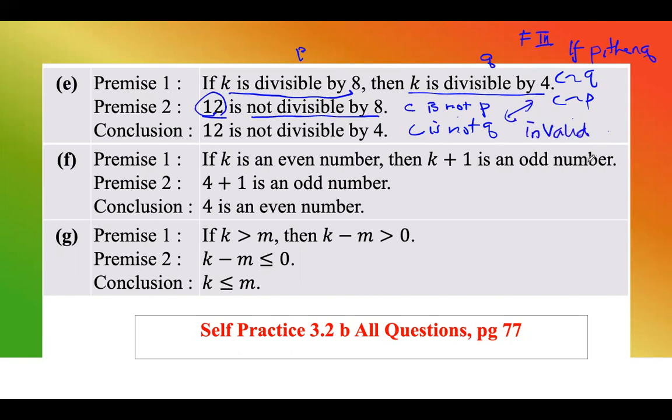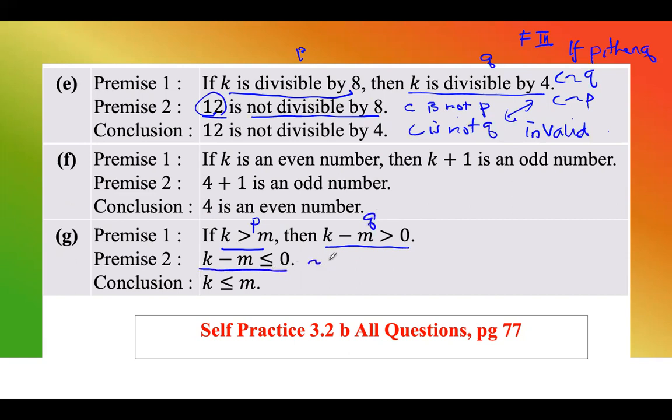So full stop, right? Because it doesn't comply with form number 3 or type number 3 deductive argument. Okay, premise, and we go to G, G first. If K is greater than M, so this is P, K minus M greater than Q. So K minus M less than or equal to 0.